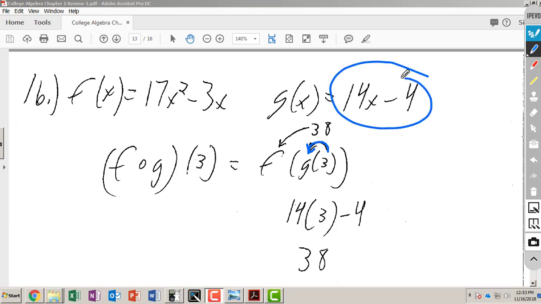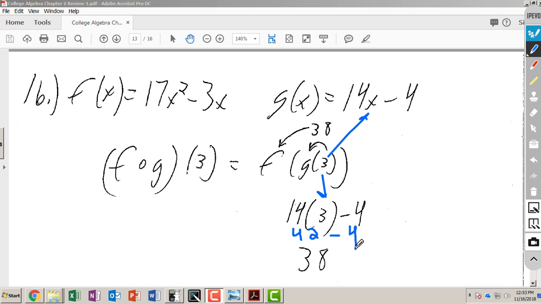So here's my equation g, which is 14x minus 4. I substitute the 3 in, and I get 14 times 3 minus 4. 14 times 3 comes out to be 42, and 42 minus 4 is going to be 38. So g of 3 is 38.